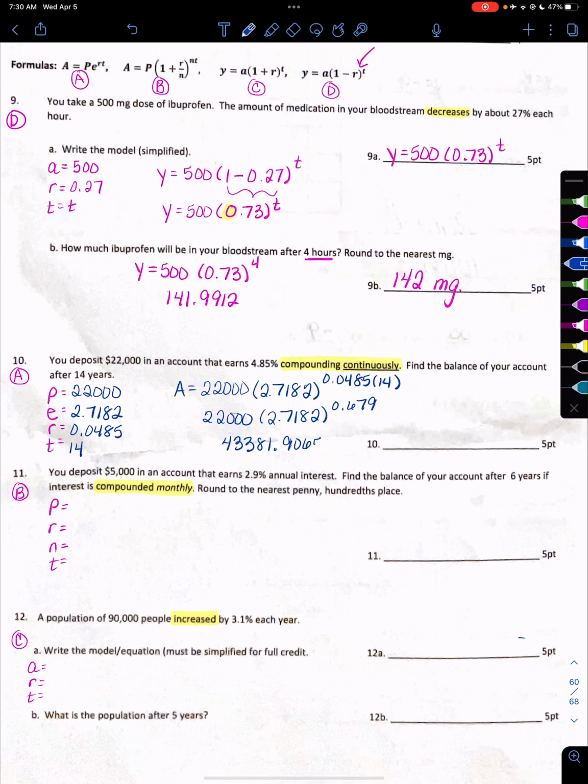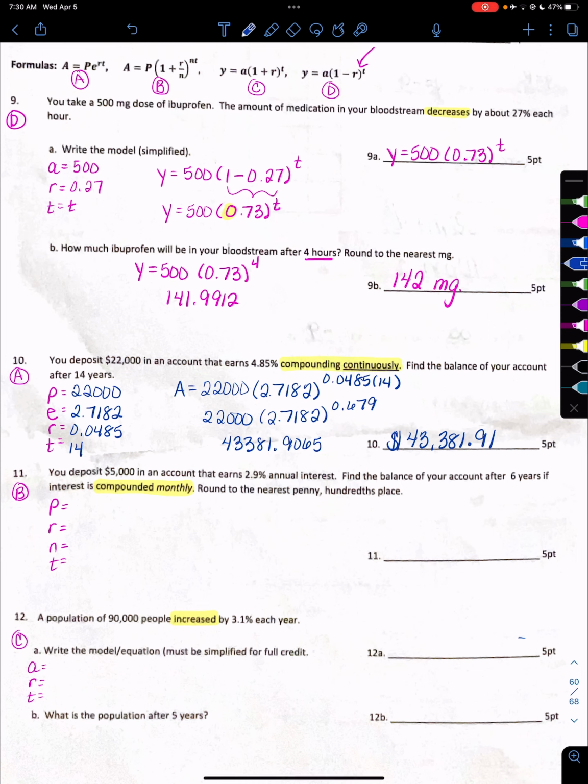And now on this one here, they were talking about dollars and cents. So we are going to use 2 places past the decimal. So how much money will we have after 14 years? It'll be $43,381.91.